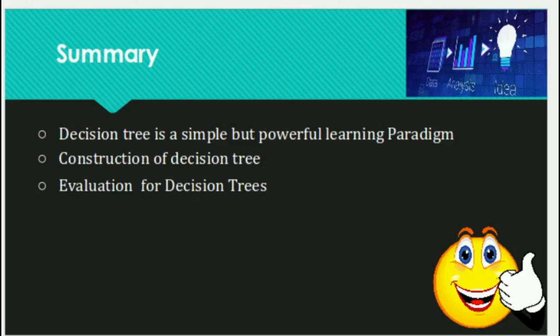Then we discussed the evaluation of decision tree, in which pre-pruning stops growing the tree at some point during the construction when it is determined that there is not enough data to make a reliable choice.